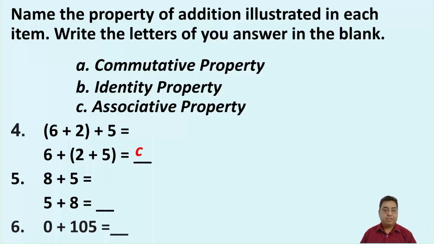We've got 8 plus 5 and 5 plus 8. So which property is that going to be? Yes, it's going to be A, the commutative property. And for number 6, we have 0 plus 105. So what property is this? Very good, it's B, the identity property.